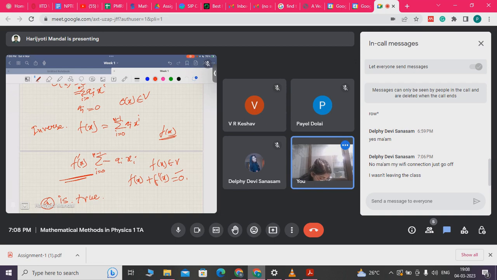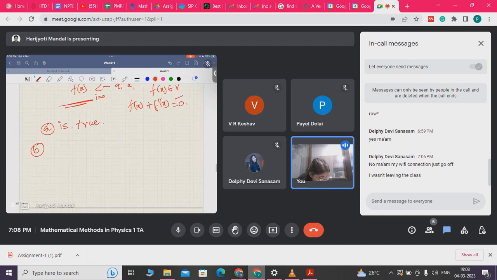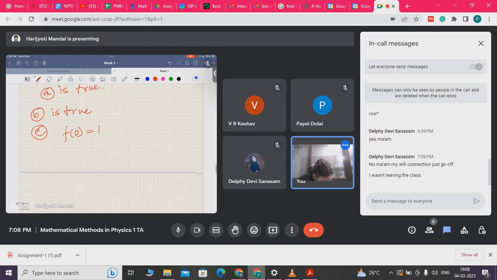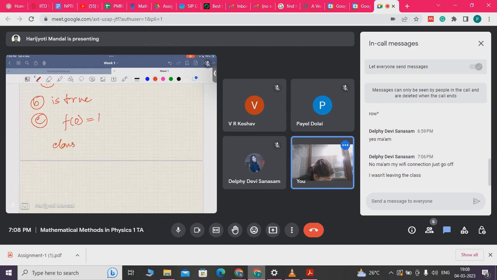Option C. Option C is what? The collection of all polynomials of degree less than n in x which take the value 1 at x is equal to 0. At x is equal to 0, they all take value 1. Like at f(0), they are 1.